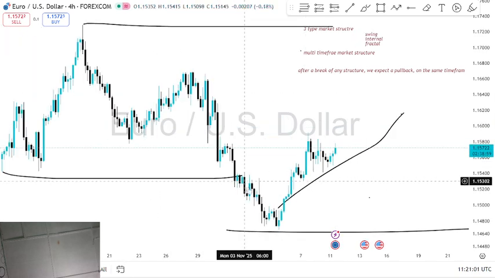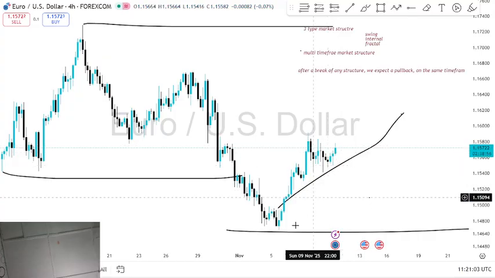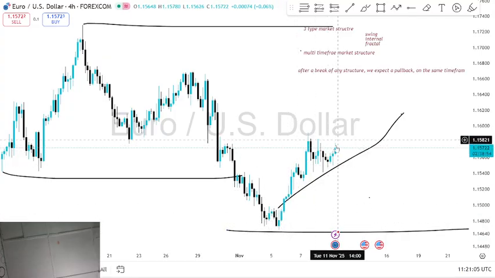So now back to our analysis. If here is a weak structure, right, why are we buying from here?